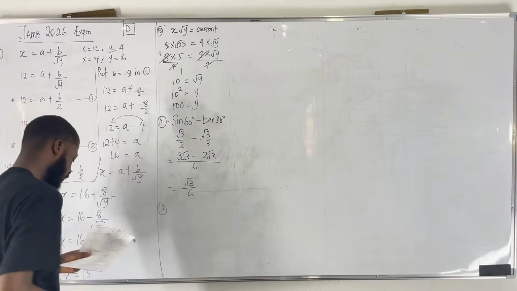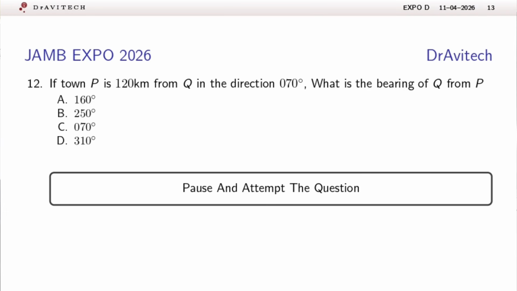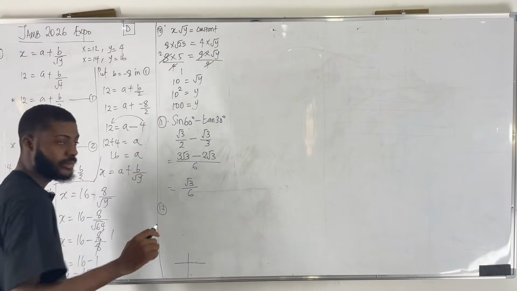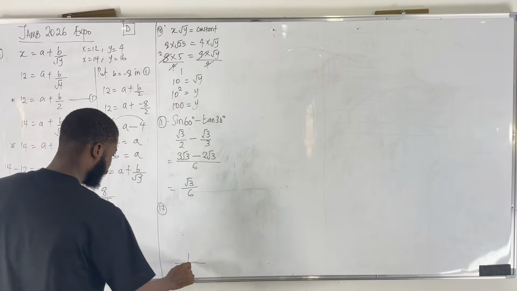Number 12. If town P is 120 kilometers from town Q in the direction 070 degrees, what is the bearing of Q from P? So first of all, we are saying it is from Q. So let's draw Q first because they say from Q. So I'm going to put Q down here because I already know how my bearing will move.